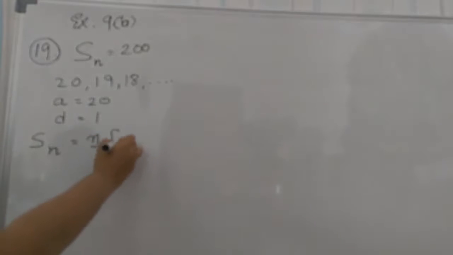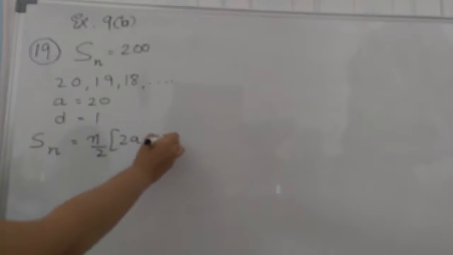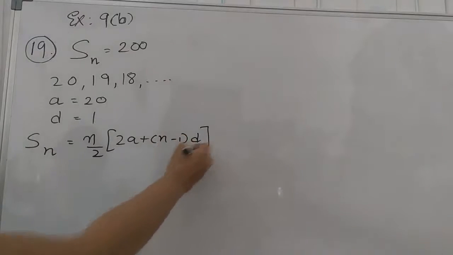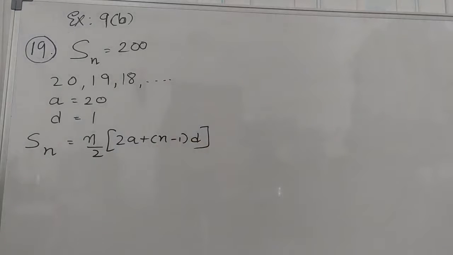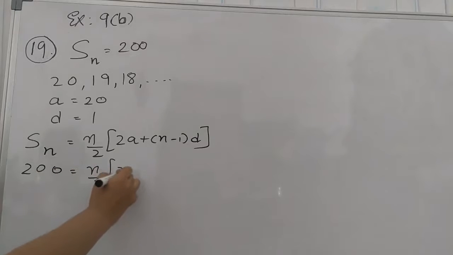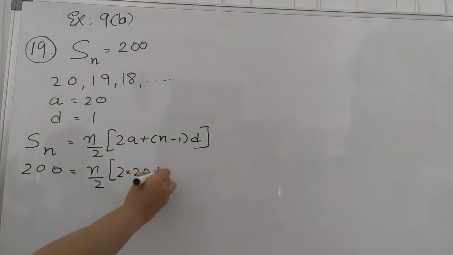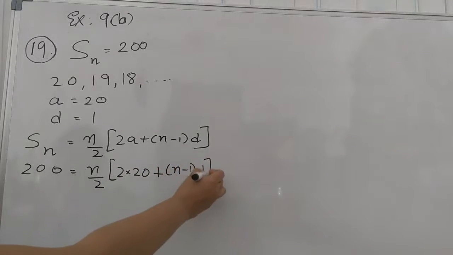So we will take our Sn formula: Sn is equal to n by 2, (2a plus (n minus 1) into d). Now using this formula, I will substitute the values. Sn value is 200, n by 2, then 2 into 20 plus (n minus 1), and d is 1.